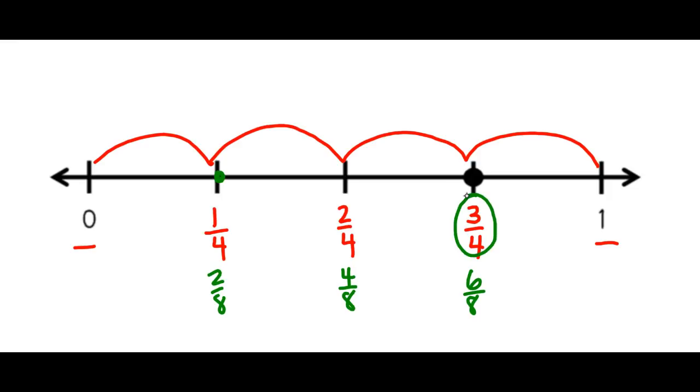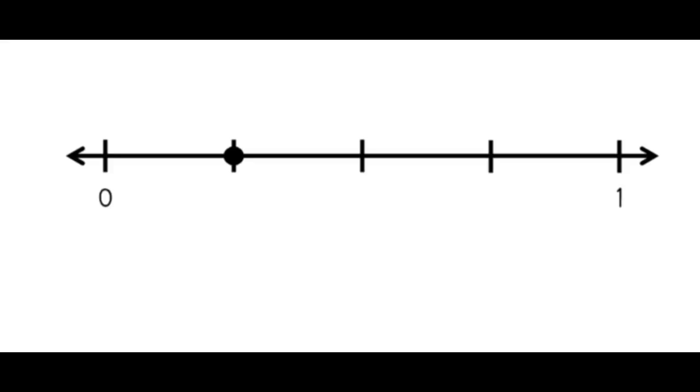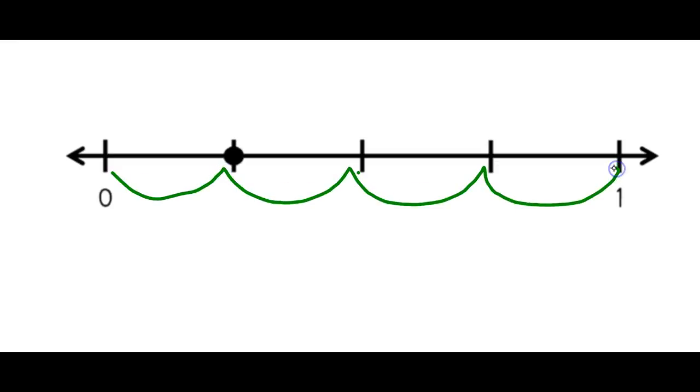Okay, so let's look at our next one. Once again, we're between 0 and 1. So we needed to look at how many sections are between 0 and 1. I see 1, 2, 3 hash marks, which means that's being divided into 4 sections. So for this dot, we're going to put a label underneath it, and our label would be 1/4.